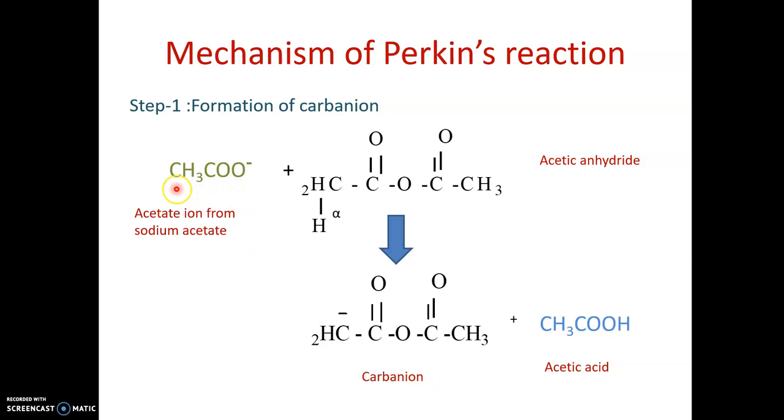And the acetate ion, upon taking a proton, gets converted to acetic acid. So the acetic anhydride in the presence of the acetate ion loses an alpha hydrogen to form the carbanion, which is the first step in the Perkin reaction.